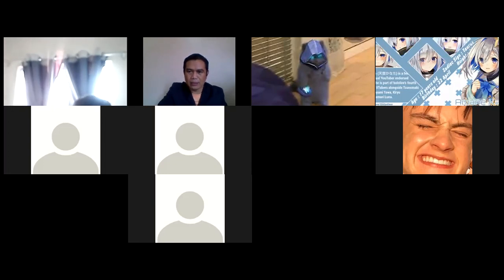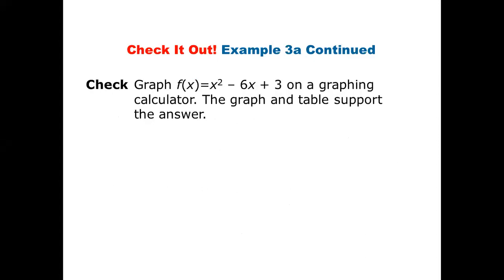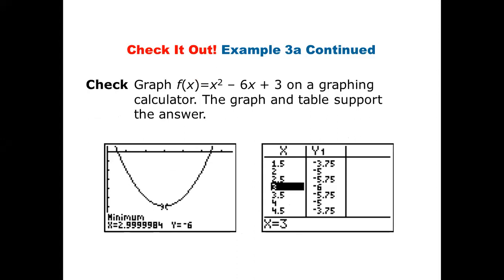Okay, so let us try some. If that minimum value, if we put that into a calculator, we said that x is 3, but in a calculator it will actually have 2.9994, the same as 3.